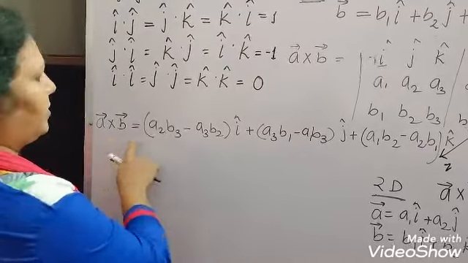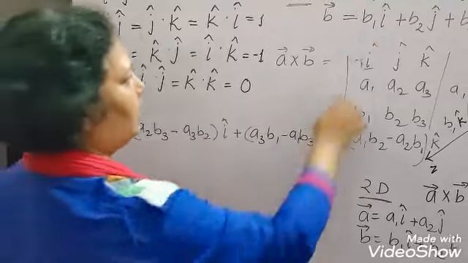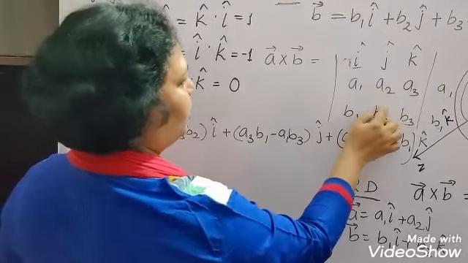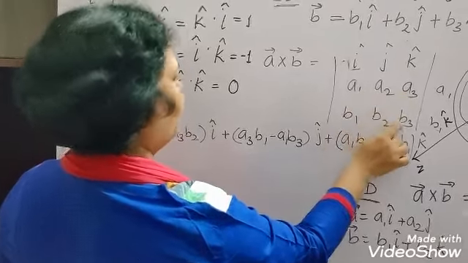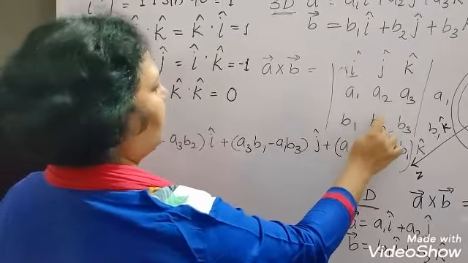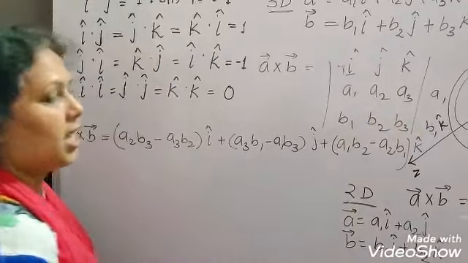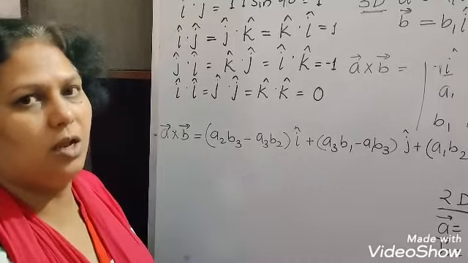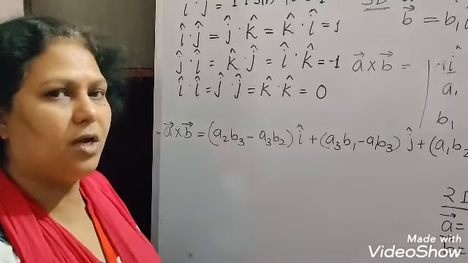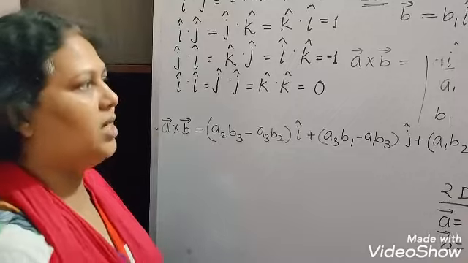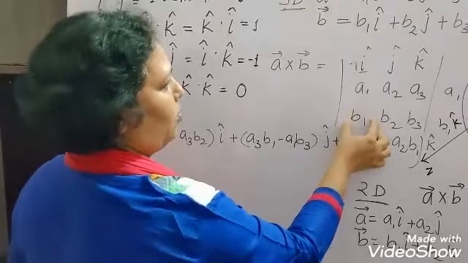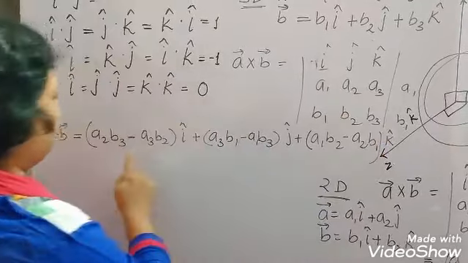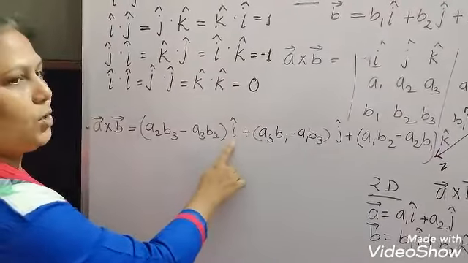First of all we'll take out the resultant of the coefficient of i cap. In such a situation we leave this column and multiply crosswise, that is a2 b3 minus b2 a3, as you did in the cross multiplication of linear equations which you learned in class 10th. That gives us the coefficient of i cap.